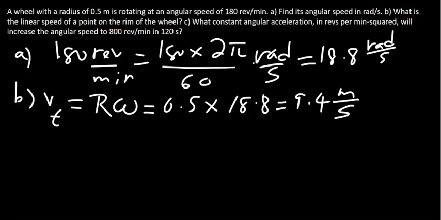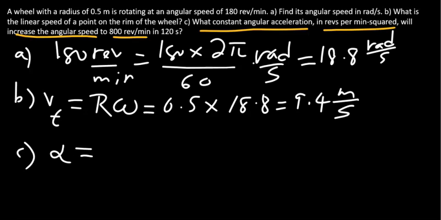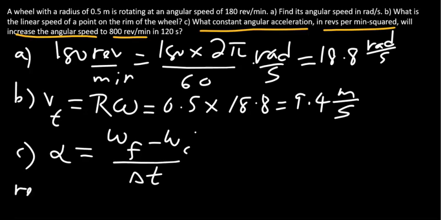Part C. What constant angular acceleration in revs per minute squared will increase the angular speed to 800 rev per minute in 120 seconds? So the angular acceleration is given as the final angular speed minus the initial angular speed over the time interval. Now we are interested in calculating the angular acceleration in the unit of rev per minute squared.